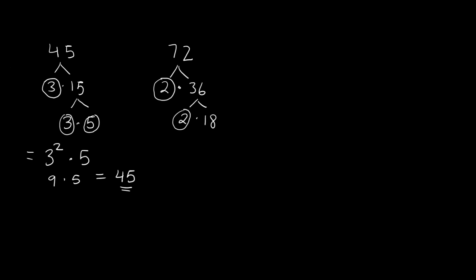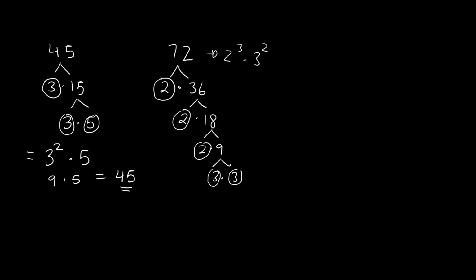I circle 2 to remind me that 2 is a prime number. Now I can factor 18. 2 times 9 gives me 18. I circle 2, and now I can factor 3 times 3, and I circle 3, and I circle this other 3 as well. Now I can rewrite this as 2 to the third power times 3 to the second power.